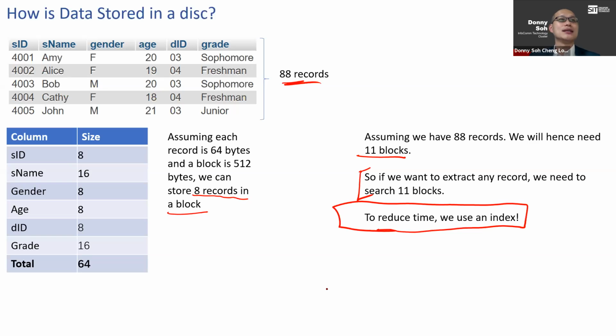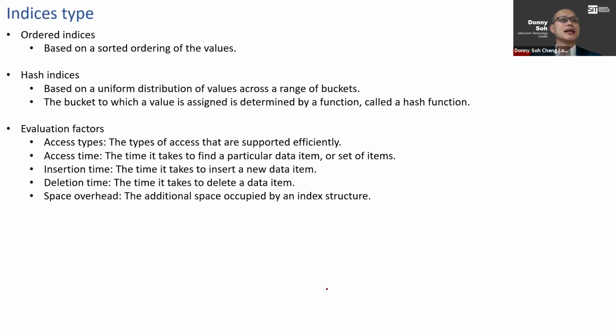Let's look at what the index types are. We have 2 types: ordered indices, based on the sorted order of the values, or hash indices, which are based on the uniform distribution of values across the range of buckets. The bucket to which the value is assigned is determined by the hash function. We typically use these factors to evaluate how good or bad an index is.